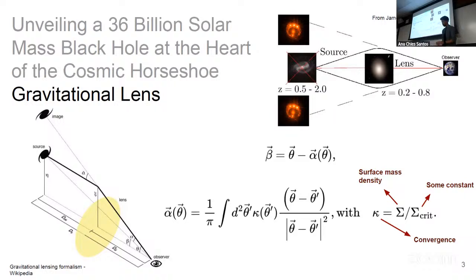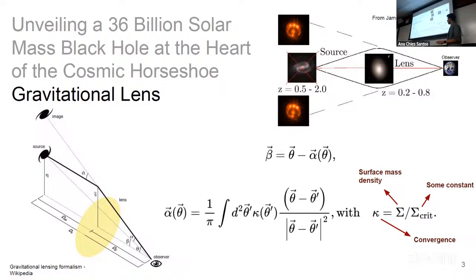Just to talk a bit about the equations involved right here, this one is called the lens equation, which relates the original source position with the observed one through the deflection angle, which is this alpha right here. But the important thing that I want you to keep in mind from this slide is the equation for the deflection angle, which is this equation right here.